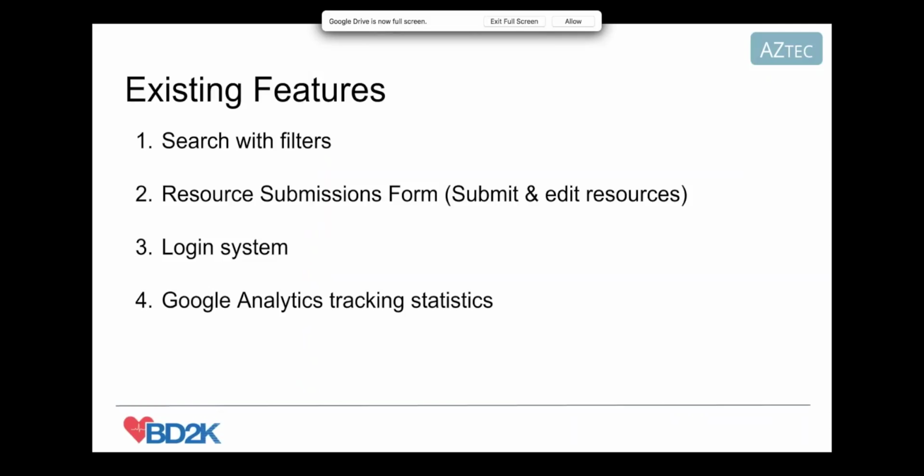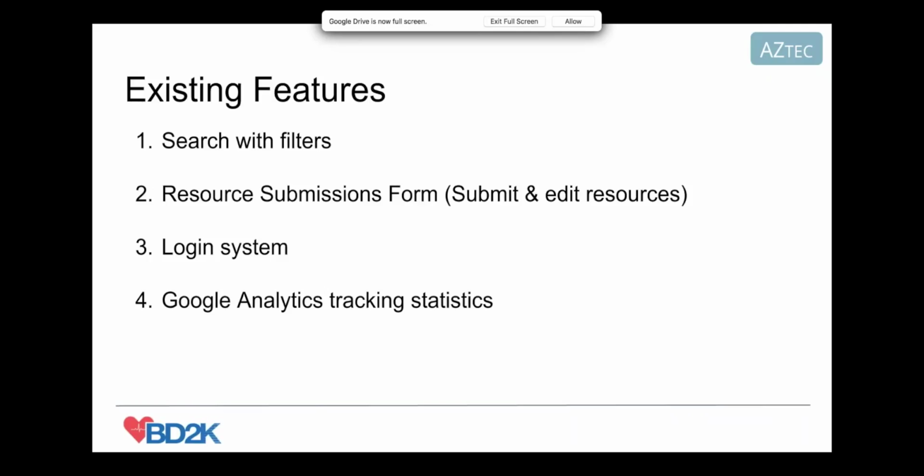Currently, Aztec features a search platform that allows users to search for tools using keywords and a set of filters. This search platform was built off of Solr. We have implemented the resource submission form that allows users to input metadata pertaining to a specific resource. The login system provides a layer of security to the search platform.